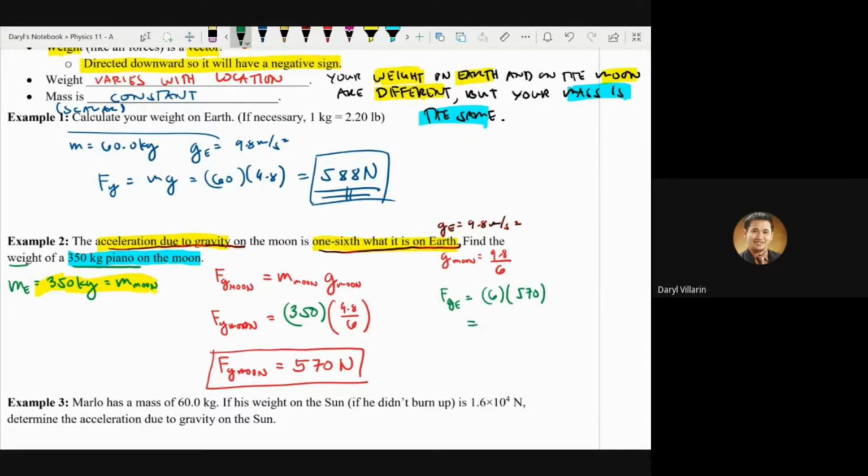So that would give you around 3,400 newtons. So on Earth, that's quite heavy, but on the moon, it just becomes around 570 newtons.